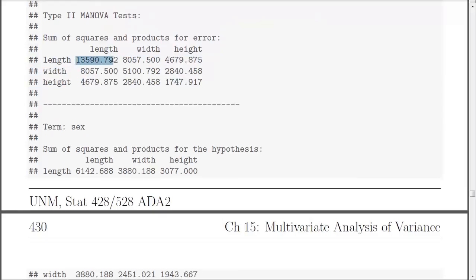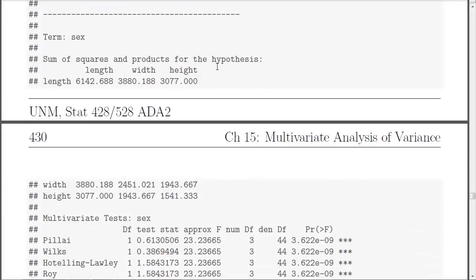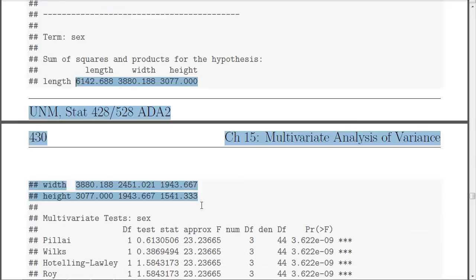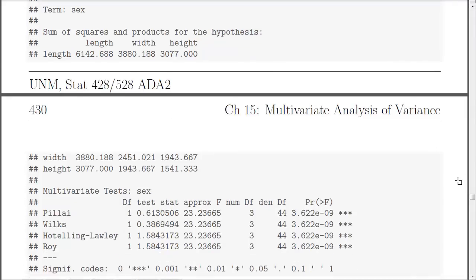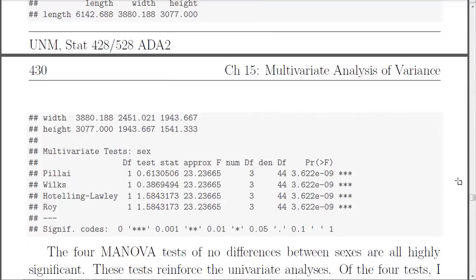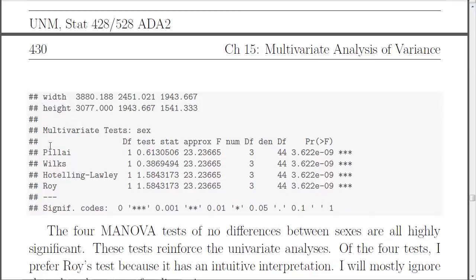On the diagonal are the sums of squares of error for each individual feature, and we have a matrix for all of them combined. We also have a model sums of squares matrix, which is called hypothesis, and it is functions of these error and hypothesis matrices that give us the test statistics for these four methods.